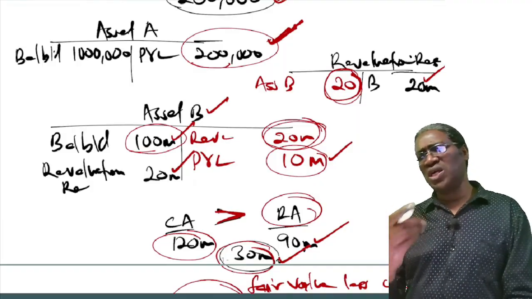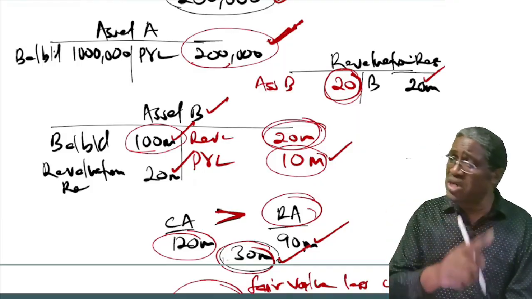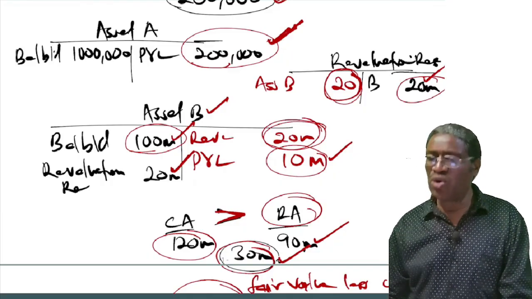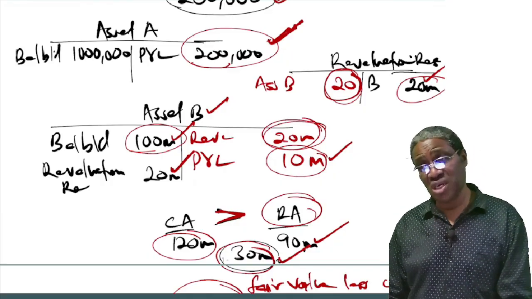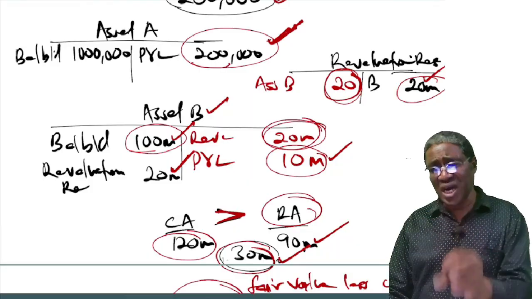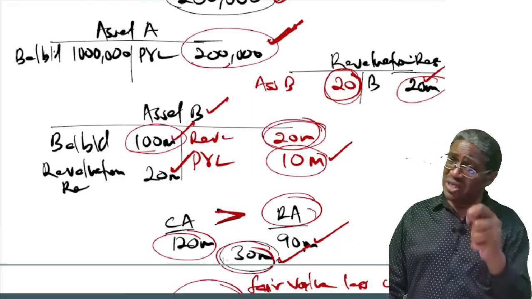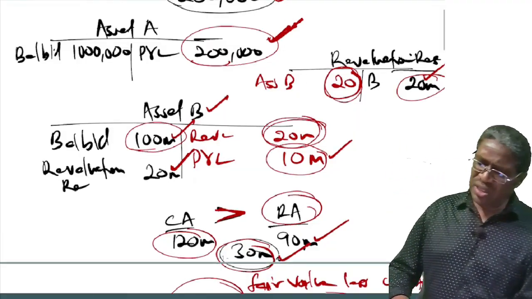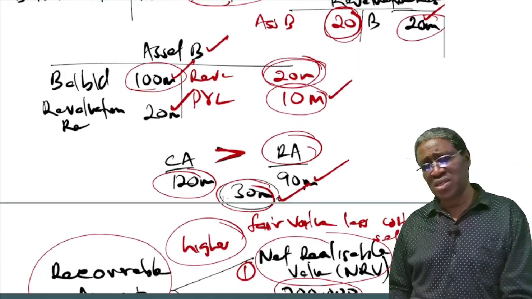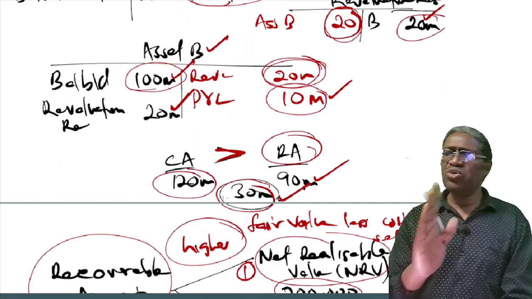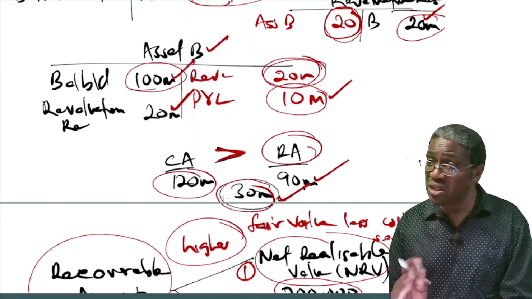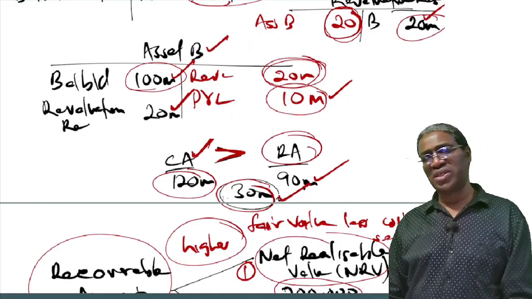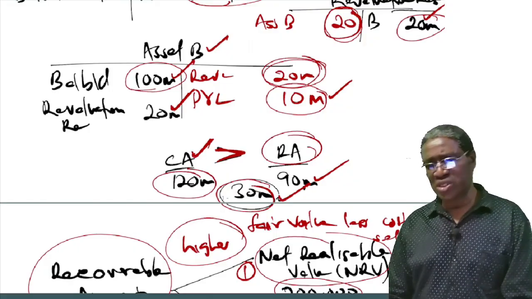Whenever you revalue an asset upwards, the normal double entry is you debit the asset and credit the revaluation reserve. So after you revalued this asset, it will not have a carrying amount of 100 million. It will have a carrying amount of 120 million.